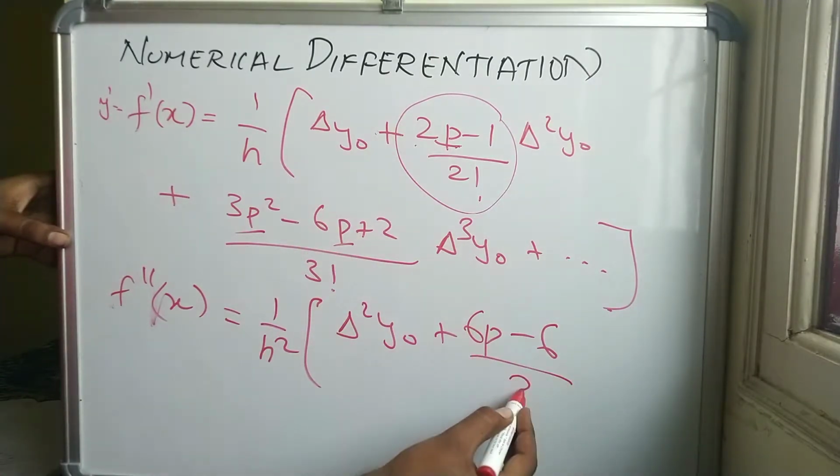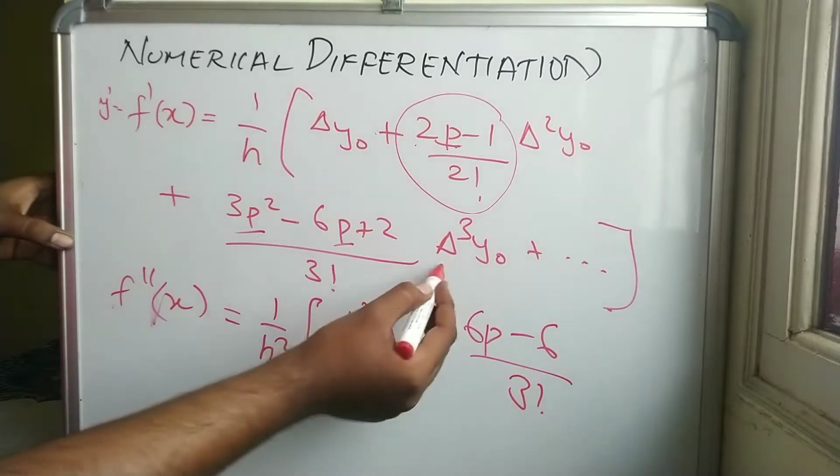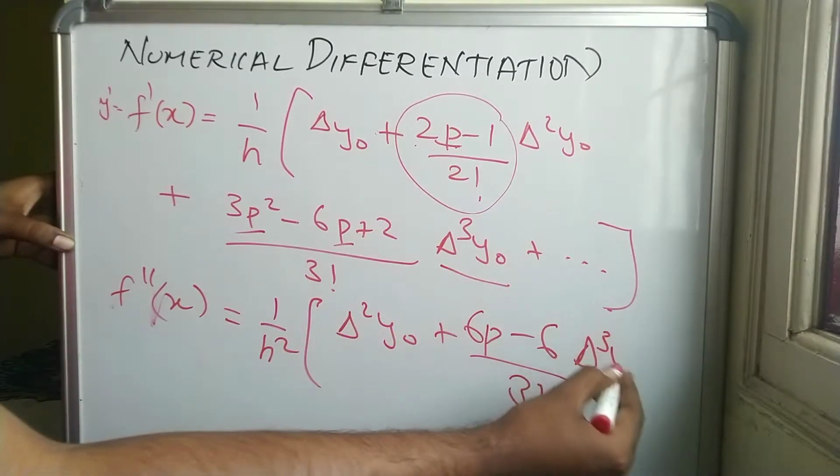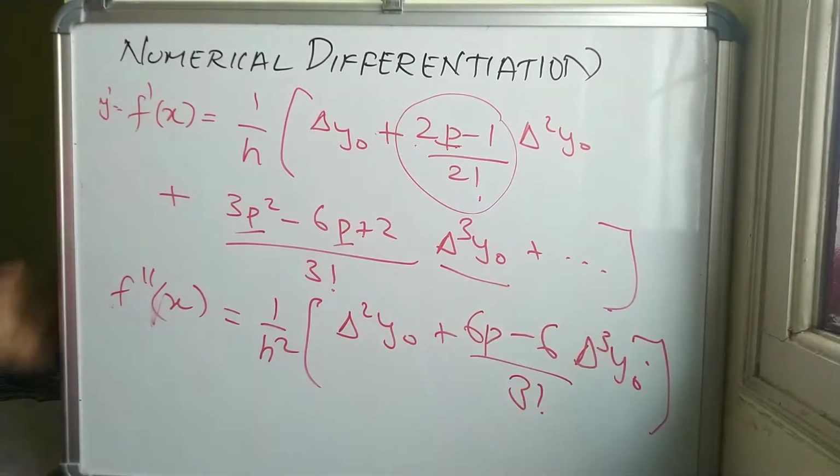Divided by 3 factorial, which is constant, into delta cube y naught plus so on, delta power 4 y naught. This is the differentiation formula: y double dash x and y dash x. You need to remember these formulas, or you can directly differentiate the Newton's interpolation formula and find the answer. We'll solve some problems based on this.